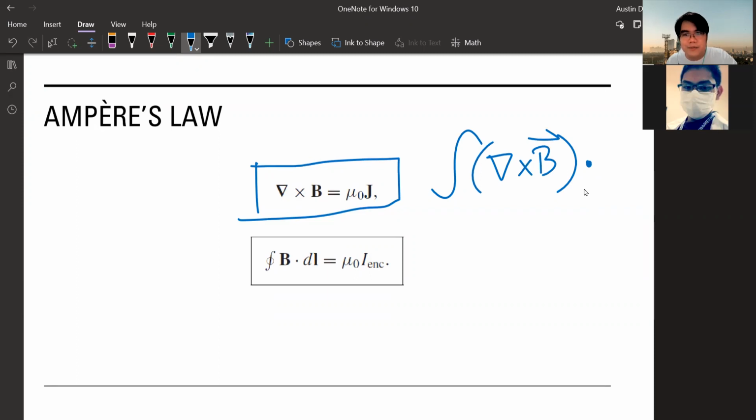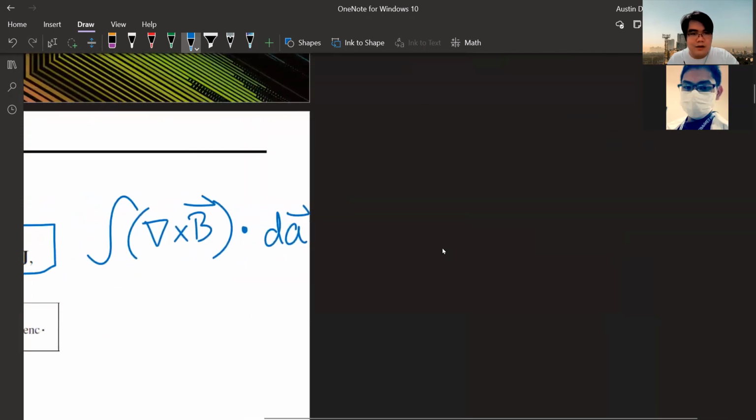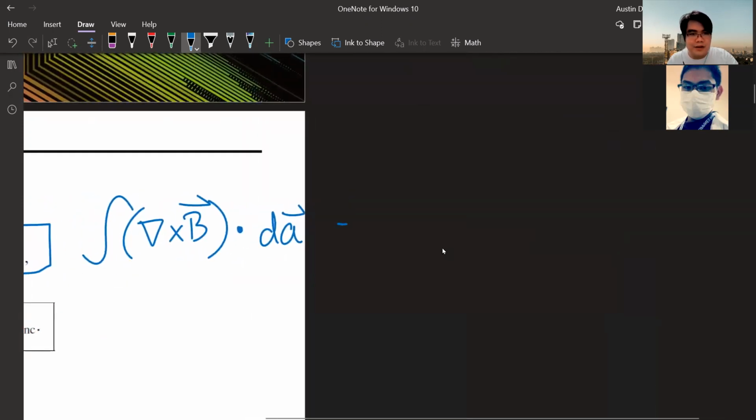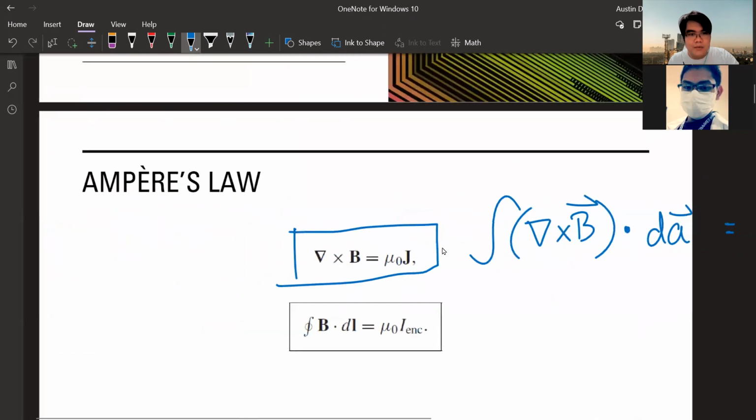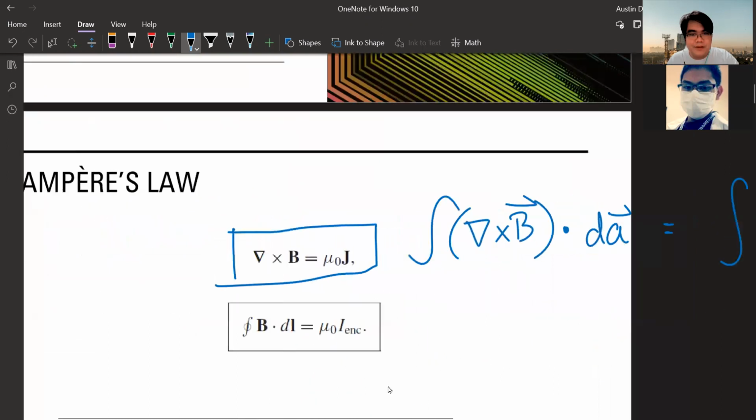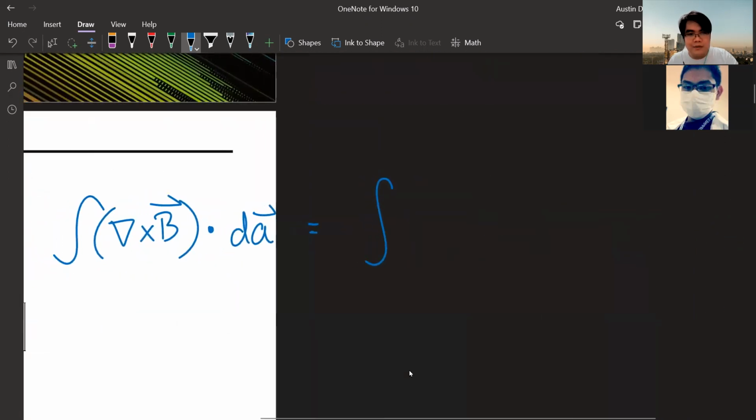Let's get the dot product. This is just equal to your mu naught J, tapos J dot dA ito, di ba? Mu naught J dotted with dA.